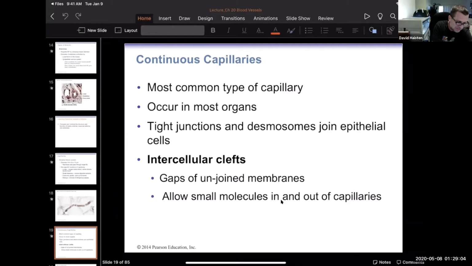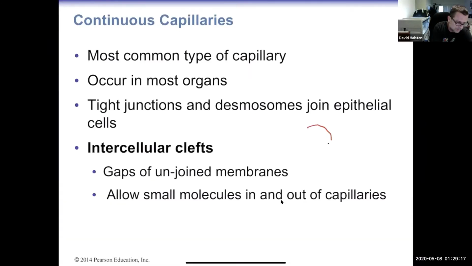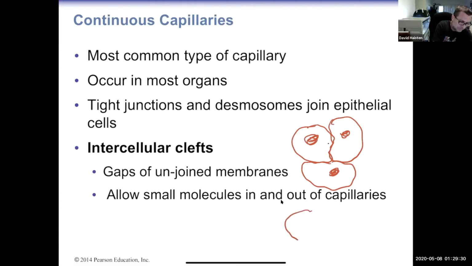So in between the cells, the epithelial cells join together, in between, there can be these gaps of unjoined membrane. So it's going to allow small molecules in and out of the capillaries quick, but they're not big enough for whole blood cells to move through.